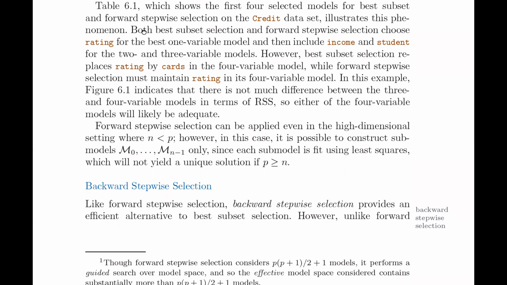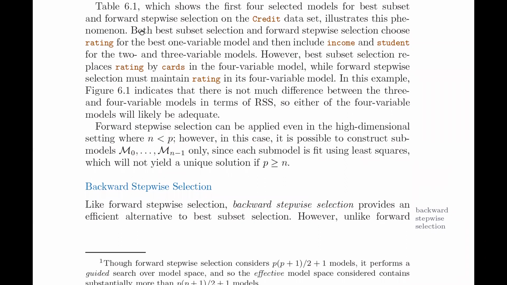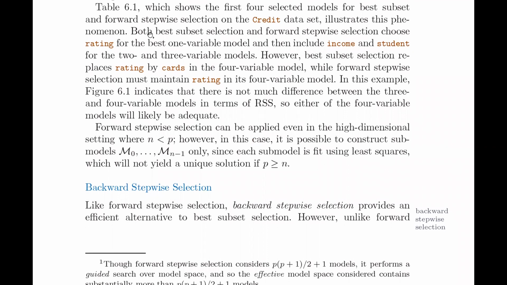Table 6.1, which shows the first 4 selected models for best subset and forward stepwise selection on the credit dataset, illustrates this phenomenon. Both best subset selection and forward stepwise selection choose rating for the best 1-variable model, and then include income and student for the 2 and 3-variable models.